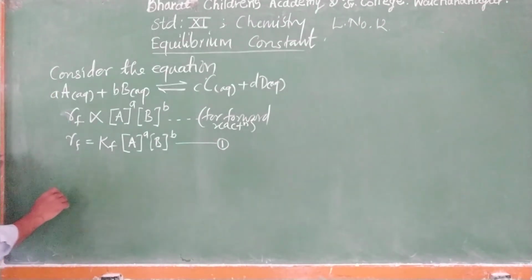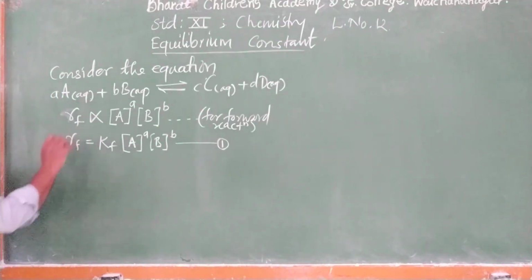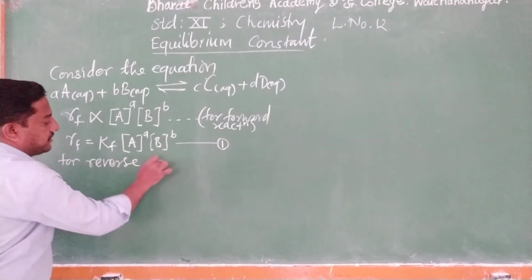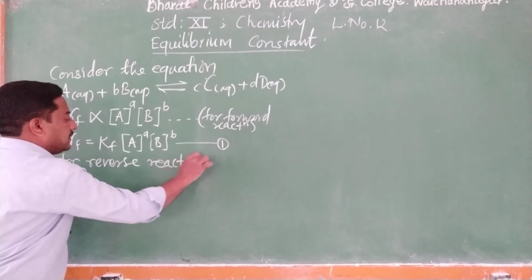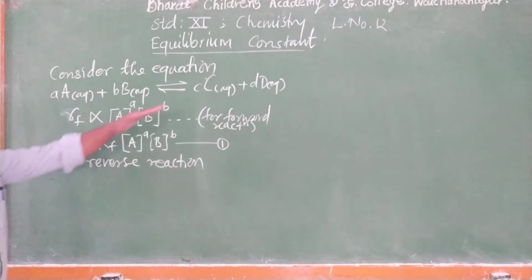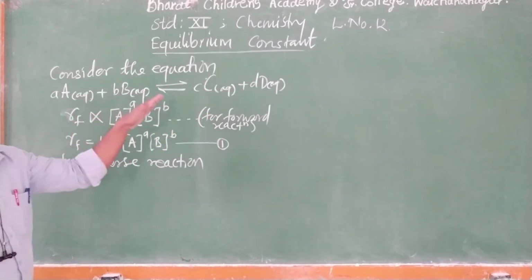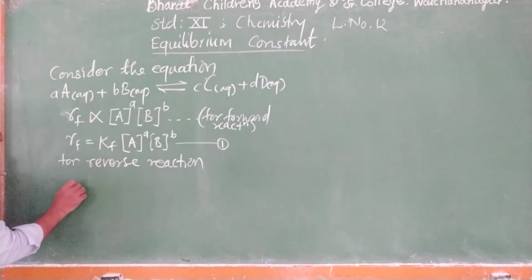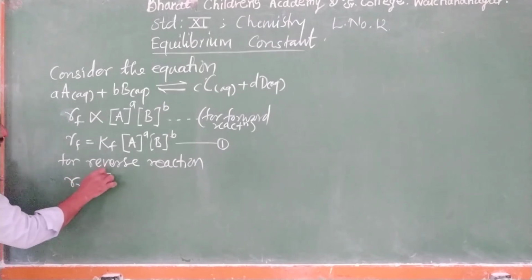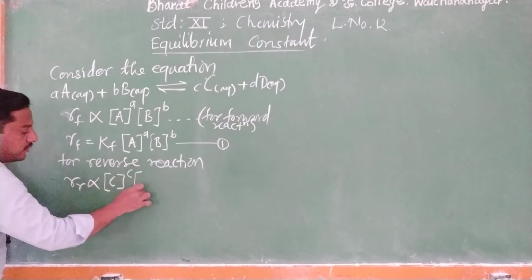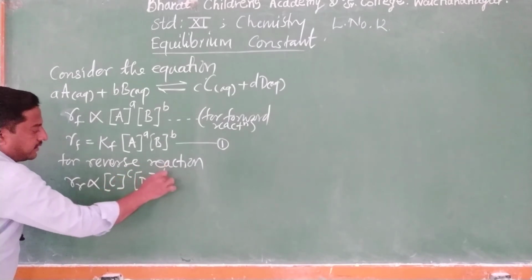Now, how will it be for the reverse reaction? If you apply the rate law to the reverse reaction, C and D are going to be the reactants and A and B will be the products, right? So obviously the rate of the reverse reaction will be proportional to the concentration of C raised to c into the concentration of D raised to d.